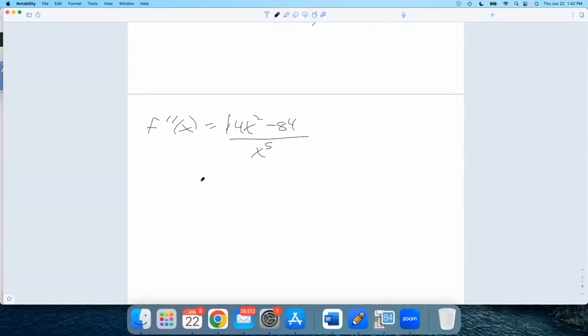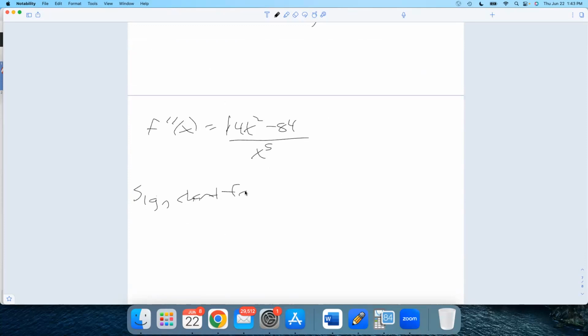Okay, so I've come down below my graph because I ran out of space up there. Here's my second derivative. I'm going to do a sign chart for the second derivative. This will give me concavity. So I'm going to include on here any place where the second derivative equaled 0, that was negative root 6 and positive root 6, and any place where it doesn't exist, 0.